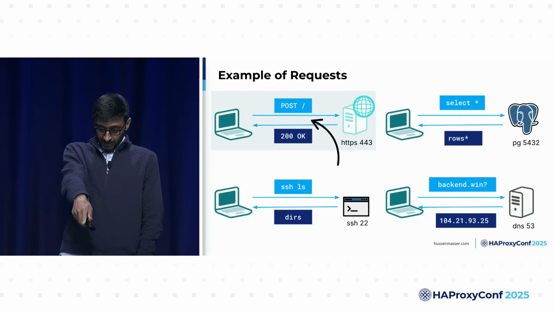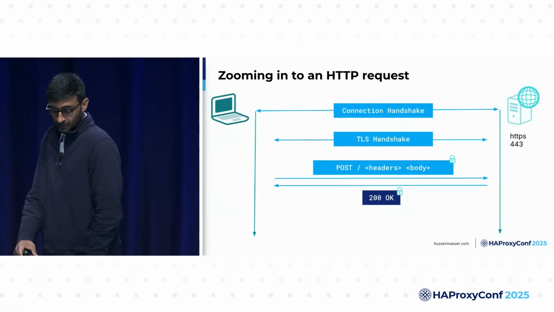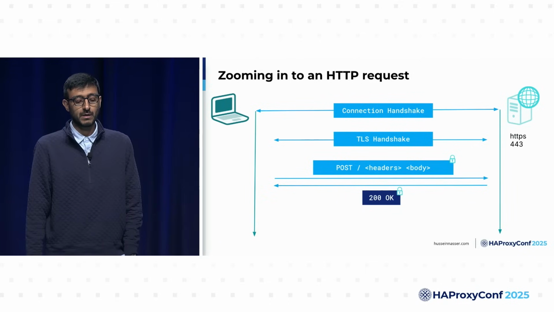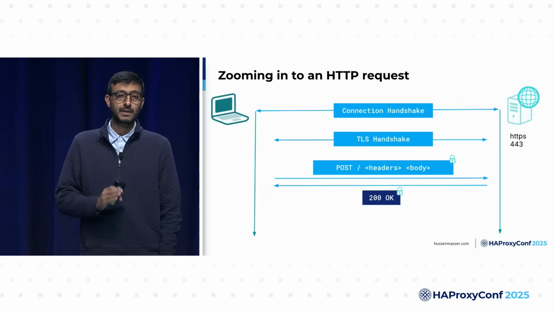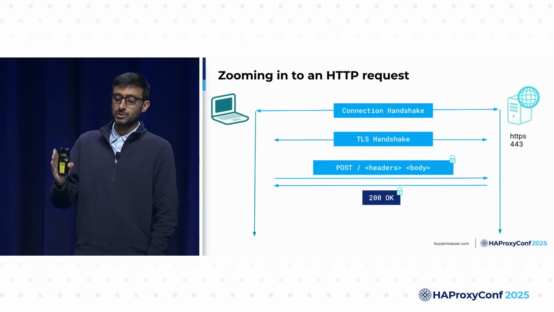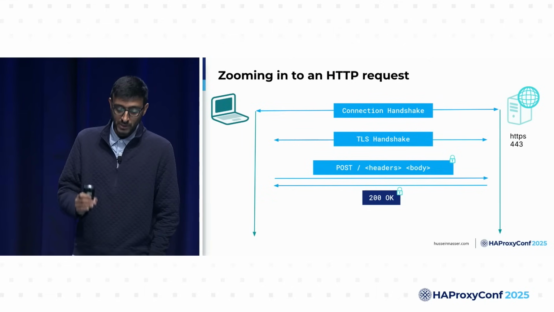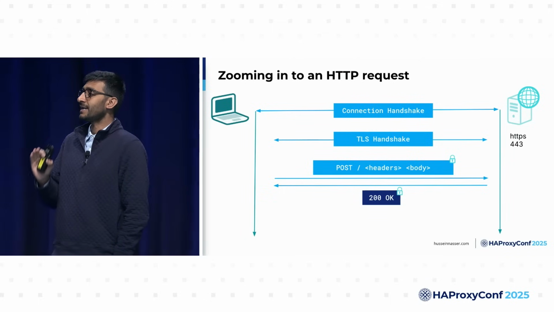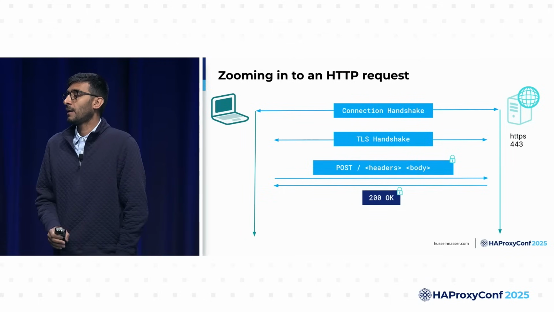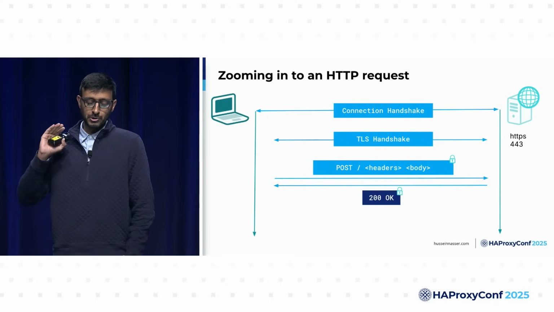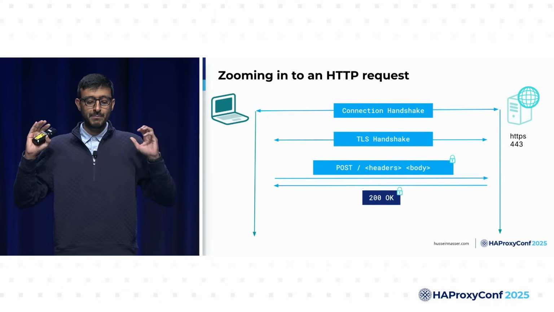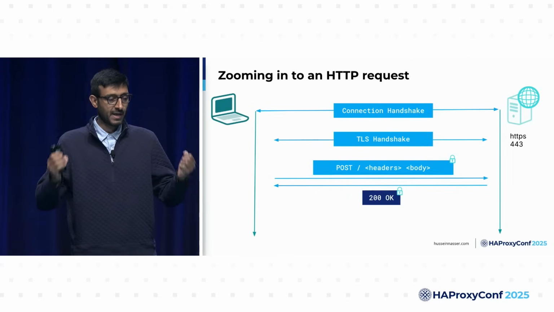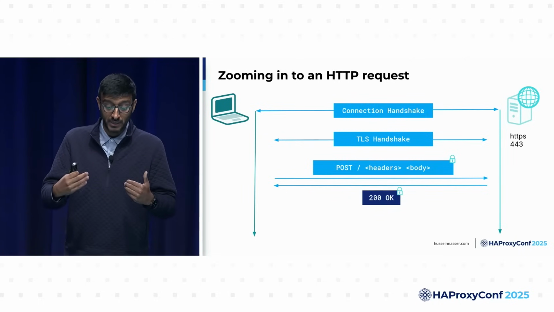So let's zoom in into just the HTTP example here. I have an HTTP client, and I have an HTTP server. The first thing we do, and I'm going to assume TCP for simplicity here, is to do a connection. We establish a medium by which it is trusted between the client and the server, and that medium will start sending stuff in it.